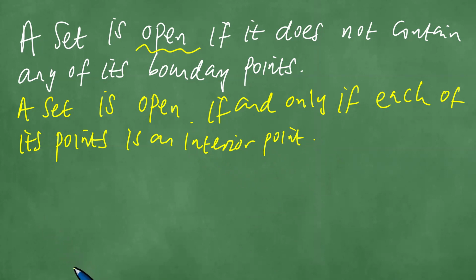A set is open if and only if each of its points is an interior point. So in other words, if you find a neighborhood like we saw of any of the points in S, that neighborhood will always contain points in S. Okay, so yeah, just take note of that.